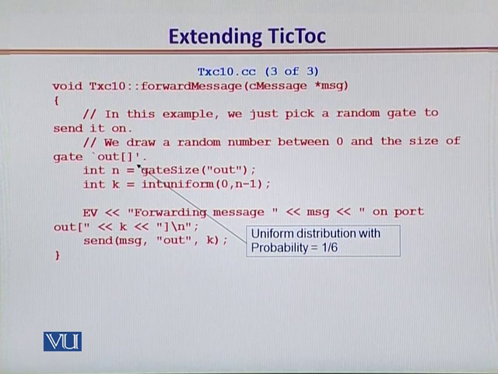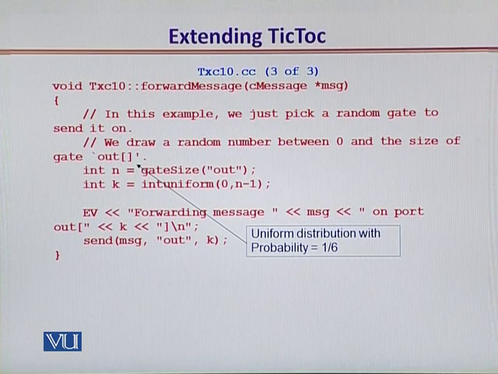Here, we introduce randomness between the selection of a destination from any source node. When it receives a packet, it has to send out the packet. Where it is going to send out the packet is determined by a probabilistic phenomenon that we introduce here by using two integer numbers. One is n and the other one is k. N is actually giving us the gate size. Here, the gate size is 6. So it means the gate size of out is going to give value 6 to n.